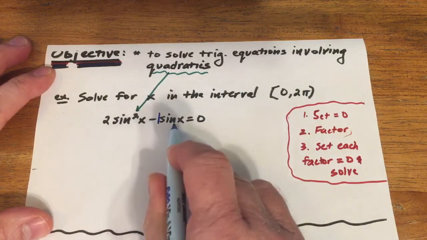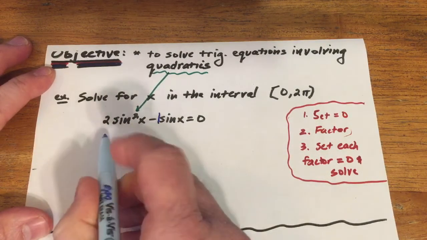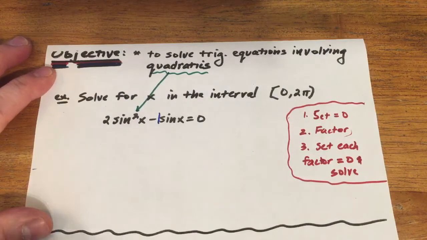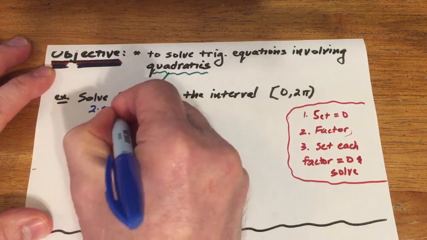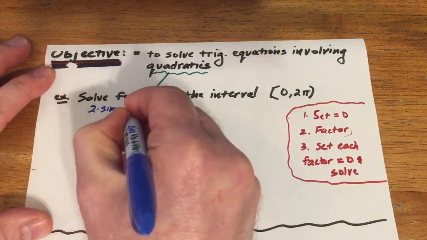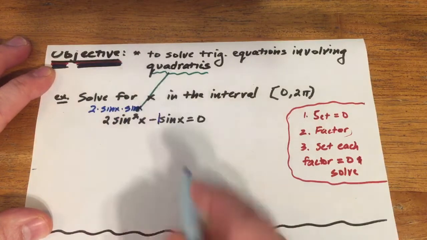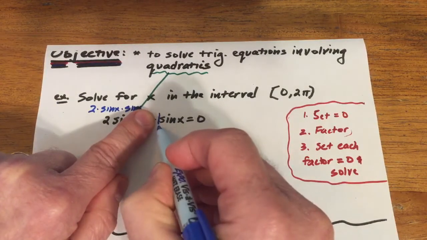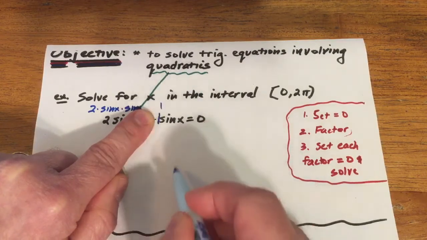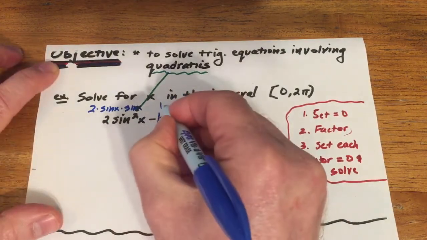I can multiply sine by the 1. And then I'm going to think of this term here as really consisting of a 2 times a pair of sine factors. So sine x times sine x. This term right here, I'm going to ignore the minus. I'm going to think of this as consisting of a 1 and also a factor of sine.